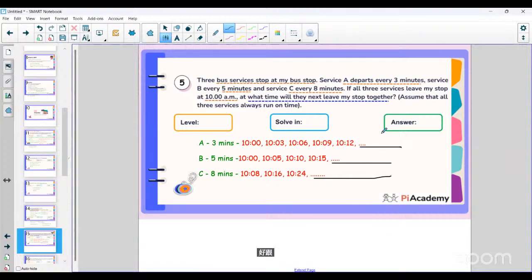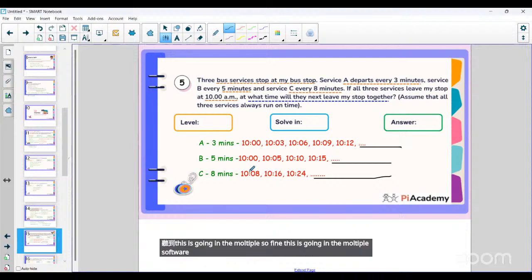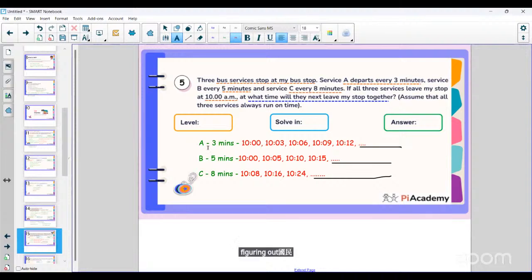How can we find that time which will come in all the three? Think about it. It is going in the multiples of 3. This is going in the multiples of 5. This is going in the multiples of 8. So what if we figure out a common multiple of 3, 5, and 8?